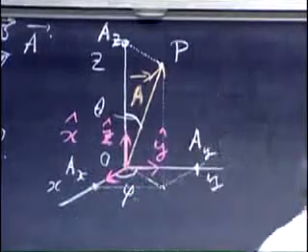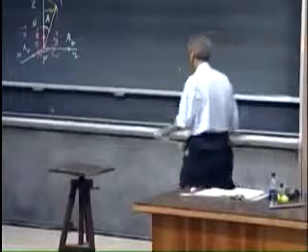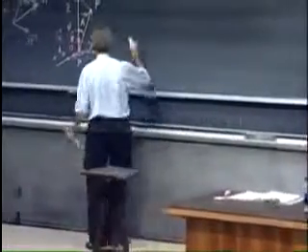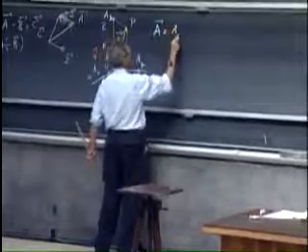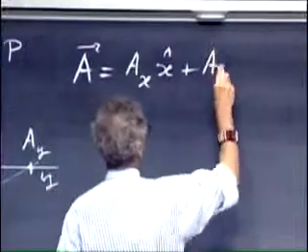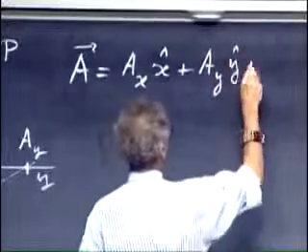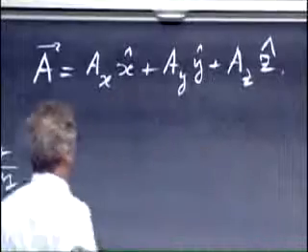And now I'm going to rewrite vector A in terms of the 3 components that we have here. So the vector A, I'm going to write as A of x times x roof plus A of y times y roof plus A of z times z roof.